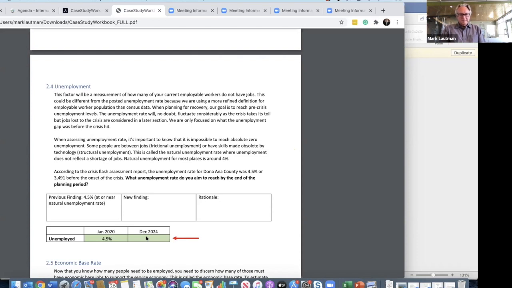It looks like if full employment was 4.5%, and you're at 6.5% in December 2024, you want to try to get as much as you can, but it looks like 2% of that is what you want to try to get below. Ideally, you always want to get down to zero. You're never going to get down to zero, but you want to get down to at least that 4.5%.